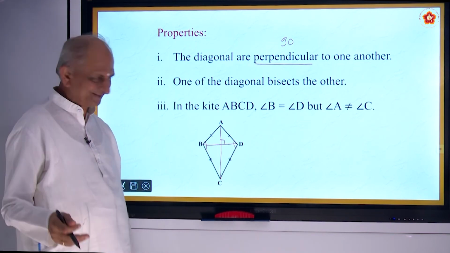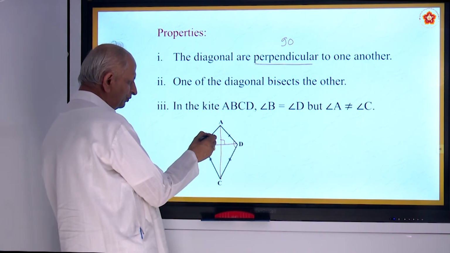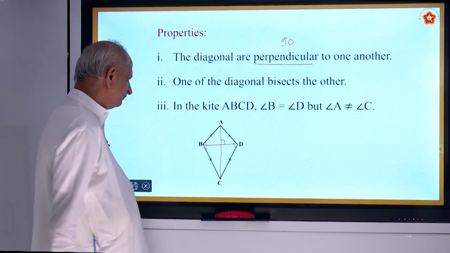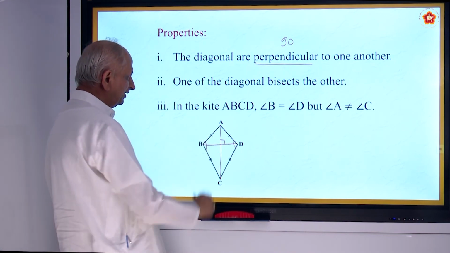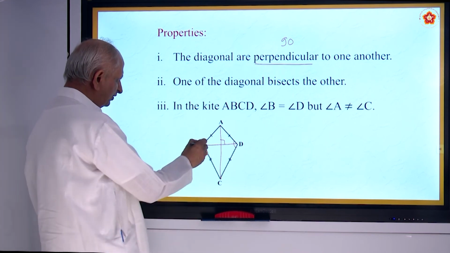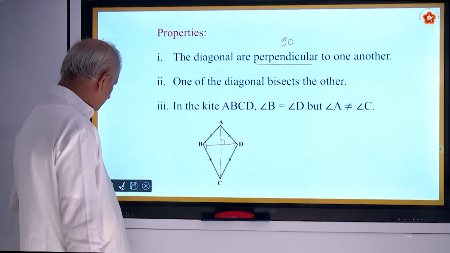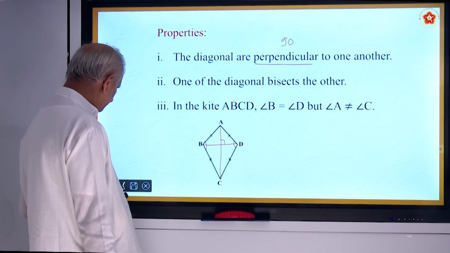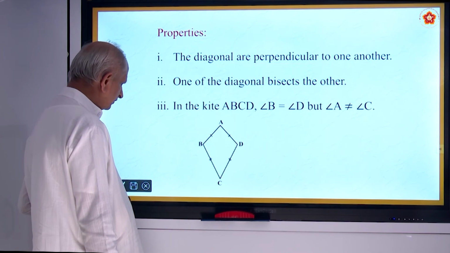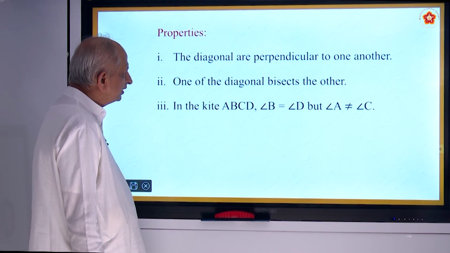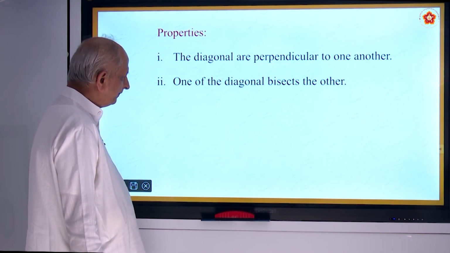That is called an argument. Here, because only adjacent sides are equal, and this angle will be 90 degrees. Here angle B is equal to D, but A is not equal to C. Okay. So while preparing kite, make it a point to understand this. And now we will work out some problems on this.